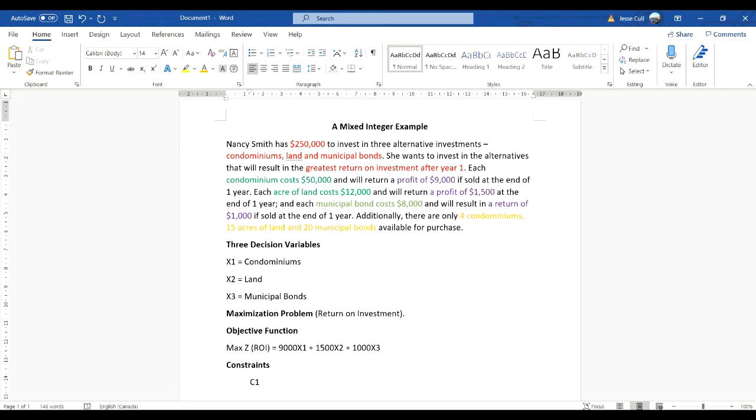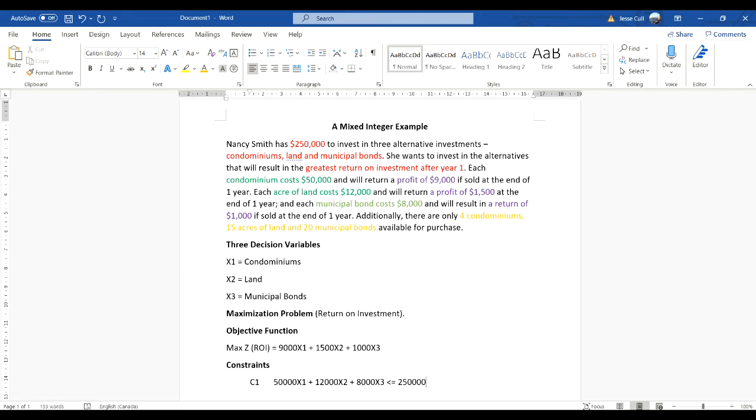So we go down here, C1, and we see that 50,000 X1, which is 50,000 times the number of condominiums we buy, plus 12,000 X2, which is $12,000 times the amount of land we purchase, plus 8,000 X3, which is 8,000 times the amount of municipal bonds that we purchase, must be less than or equal to 250,000.